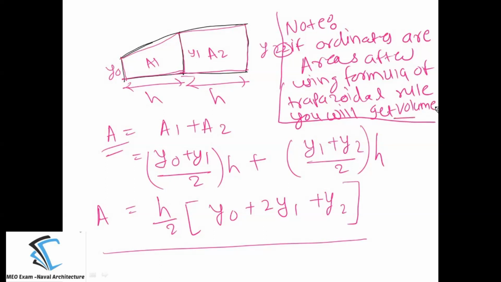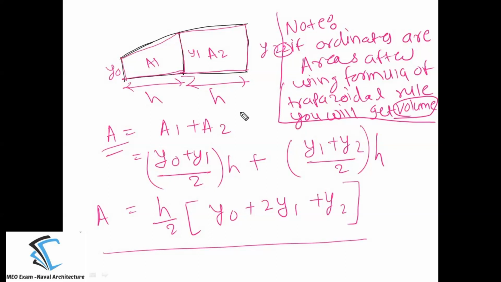This is a very important thing. It does not mean that the trapezoidal rule is used only for calculating the area. It depends on what the ordinates are. If the ordinates are lengths, then after using the trapezoidal rule, you will get the area. If the ordinates are areas, after using the trapezoidal rule, you will get the volume. Keep that in your mind.